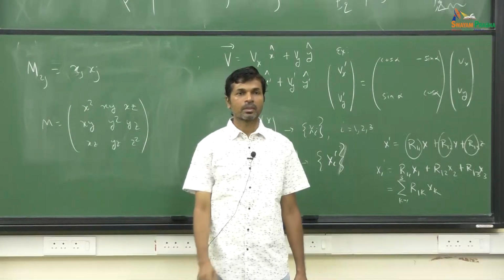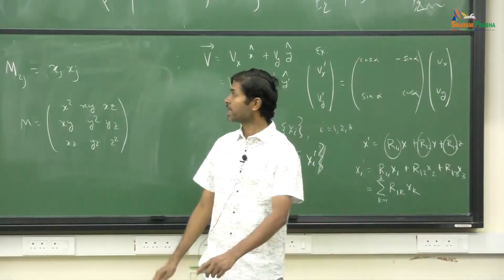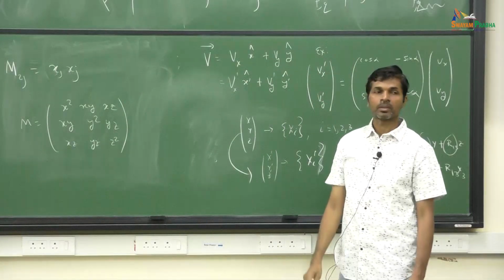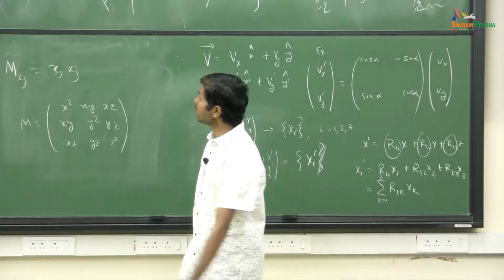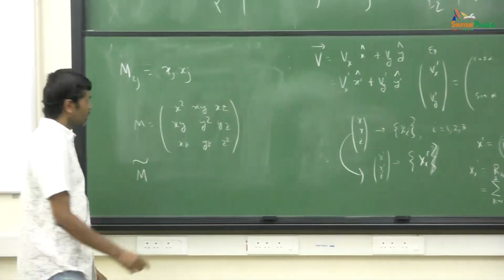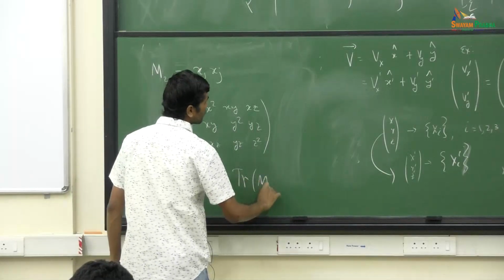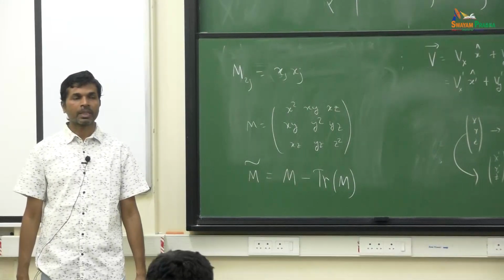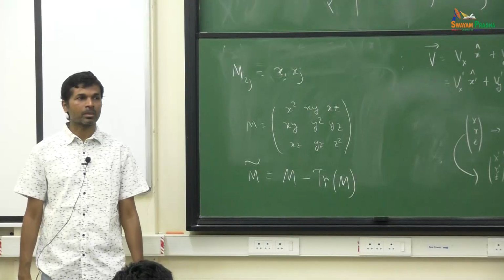It's very obvious that if you make a coordinate transformation, then the components of M will transform this way. But you consider, let's say, some M tilde, which is M minus trace of M. The trace is a quantity which does not change under rotation.